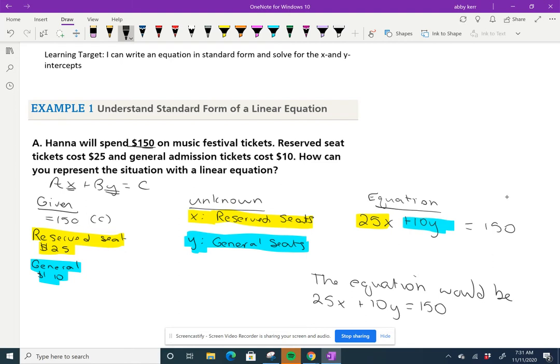Because that's $25 per reserved seat plus $10 times the general seats that she got equals 150. So when we start solving these word problems, the x and y will be like the combinations. How many reserved seats can she buy, and then how many general seats.